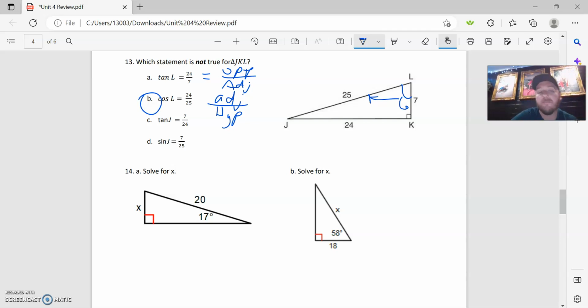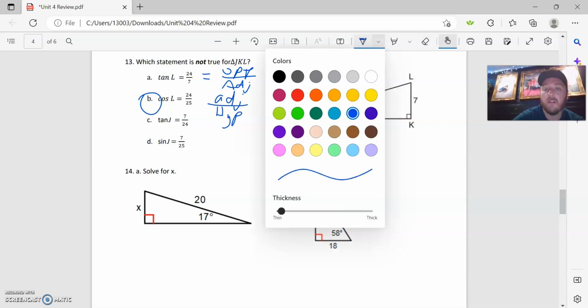But let's keep going just for conversation's sake. Let's look at J. Hopefully C and D here will check out because it does just ask for which singular statement is not true. I'm hoping C and D are true then. So J, right here is J. Let me erase all the stuff I was working with.